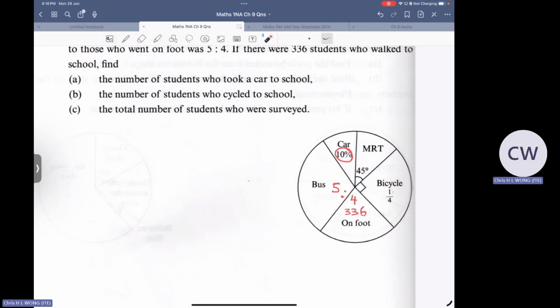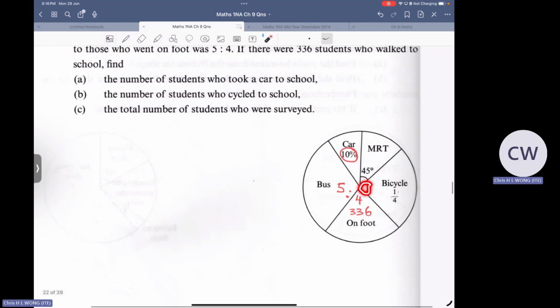Why am I finding 10%? Because I know that if this is a degree, this is a degree. If I can find this degree, it will help. So what I need to do is find out how many degree is 10%. But we know, okay, 100% is 360 degree. They are the same, right? All I need to do is find out 10%. 10%, how many degree?